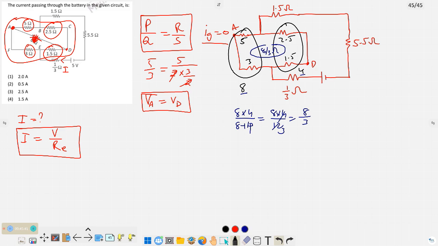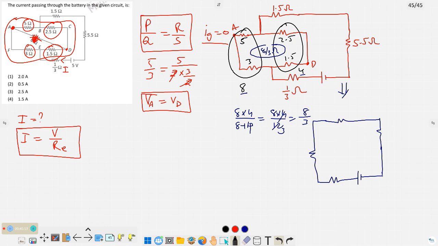Now finally, if you reduce the circuit again, the final circuit is this: one resistor, second resistor and third resistor, and finally we have only one effective resistance.